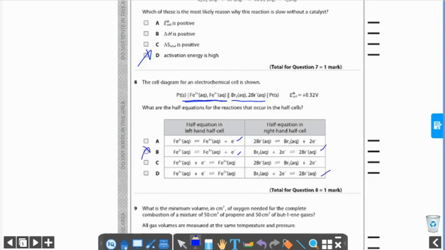So here the solution junction or the salt bridge is represented by two parallel lines, and what you write on the right side is a reduction, which is the cathode, red cat, and oxidation is the anode, right, on the left side.